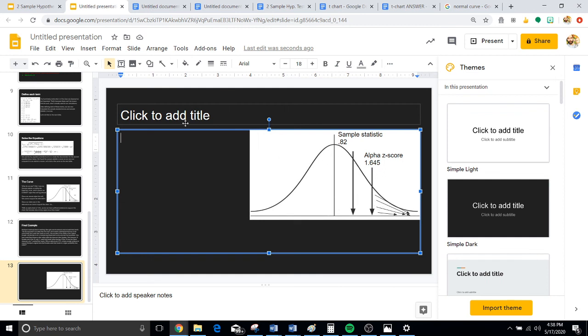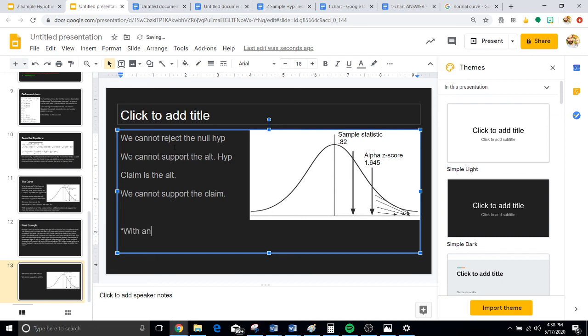That tells us that we cannot reject the null hypothesis. And if we cannot reject the null hypothesis, we cannot support the alternative hypothesis. Okay, we know that our claim is the alternative, so therefore we cannot support the claim.